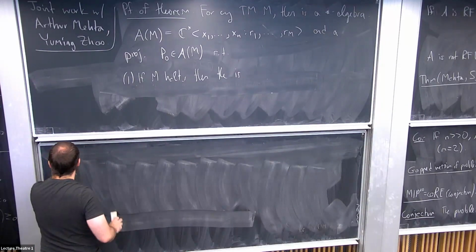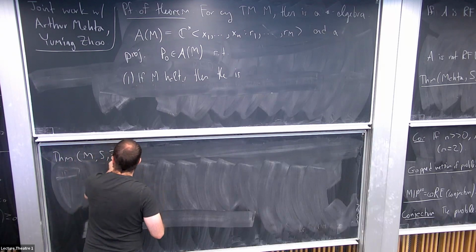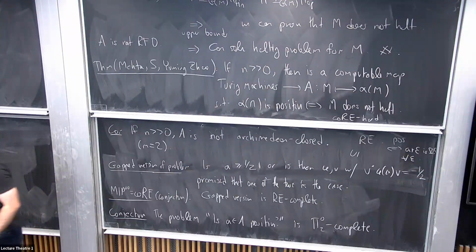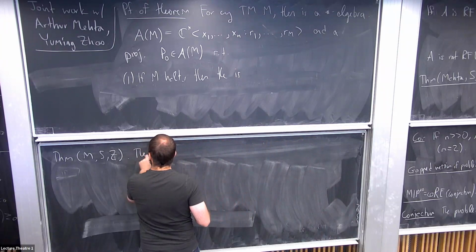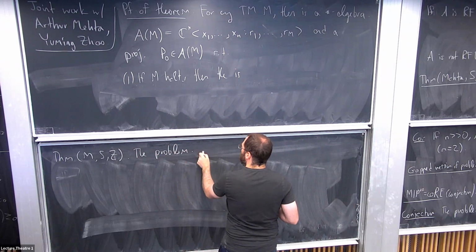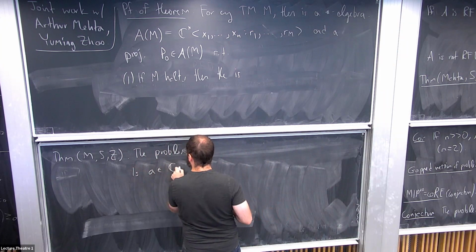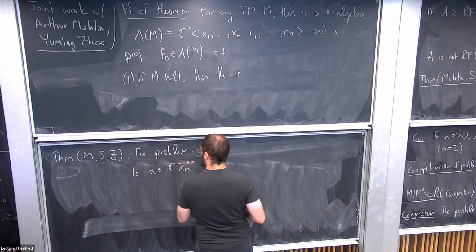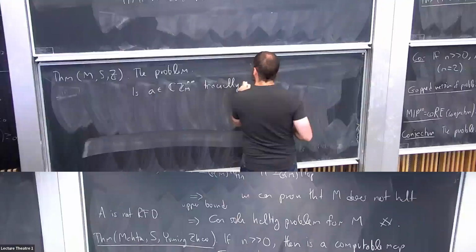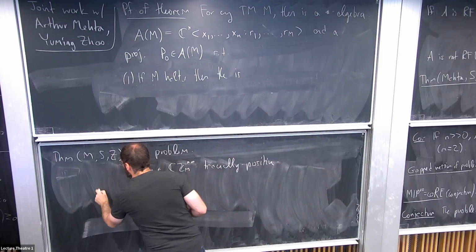Theorem, I wanted to tell you, so in addition to this, and in fact our proof of this theorem is based on the following. The problem: is A in C zm star n tracially positive is co-RE hard.